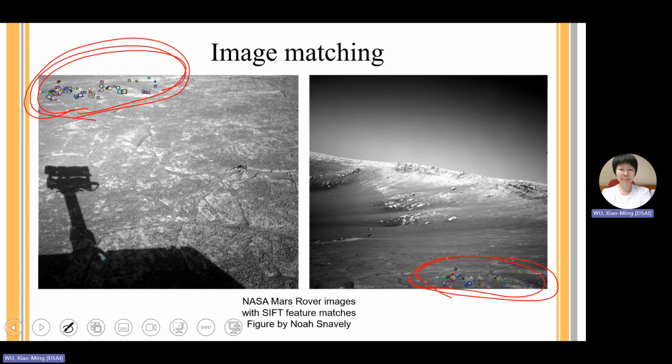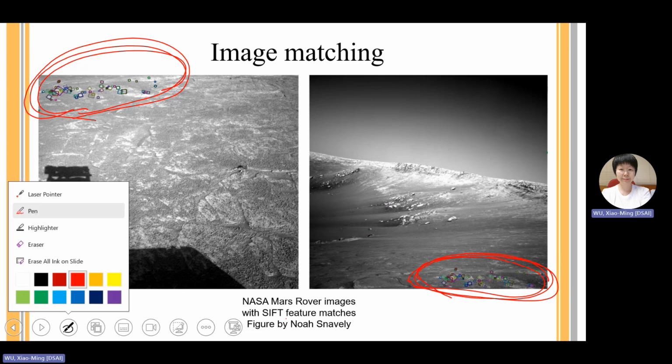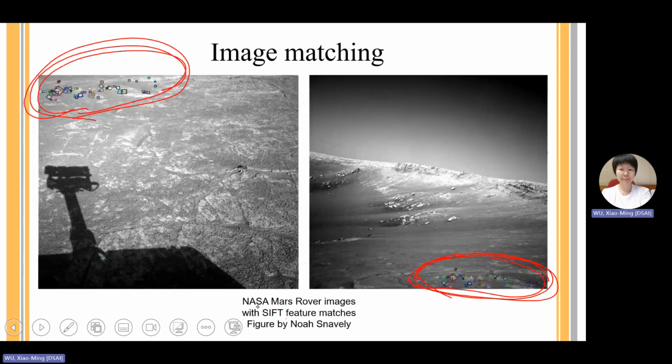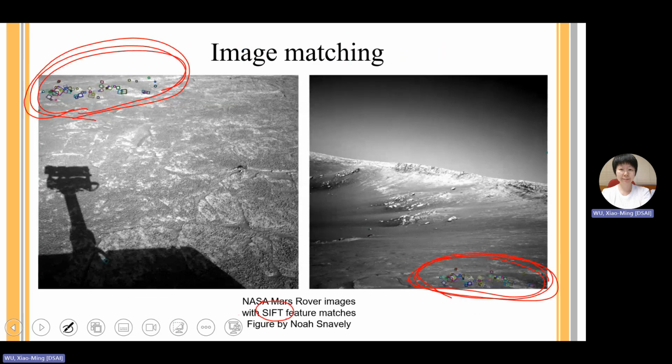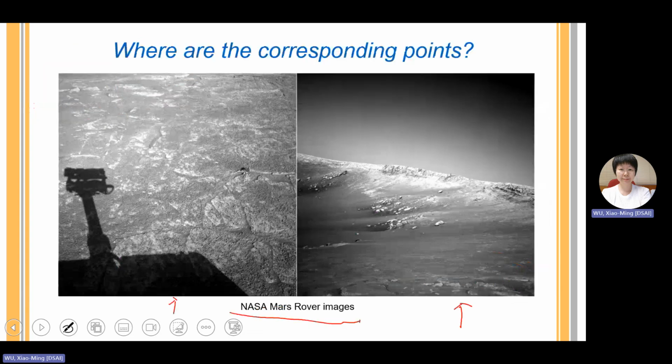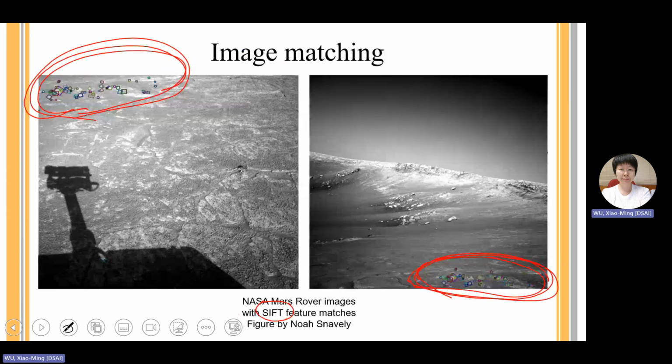And this correspondence, these feature points, are detected by SIFT, with the SIFT feature. SIFT feature matches. The correspondences are not easy to identify by our naked eyes, but actually we can see the correspondence on the two images.